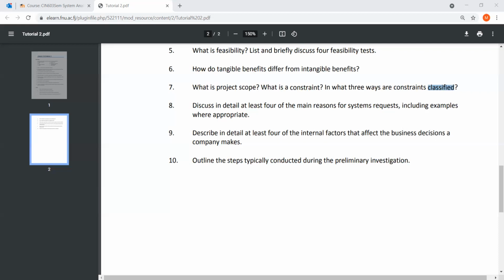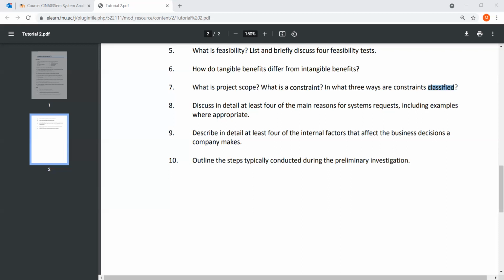The 3 classifications of constraints are cost. When you talk about cost, you're talking about the financial side of a project, or the budget.